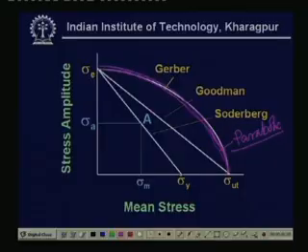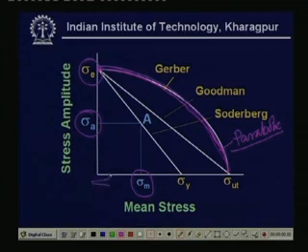Now, all these lines and this curve represent a model. A model means how the stress of a material or machine member is related to sigma A, sigma m, sigma endurance and sigma ultimate or sigma yield point.